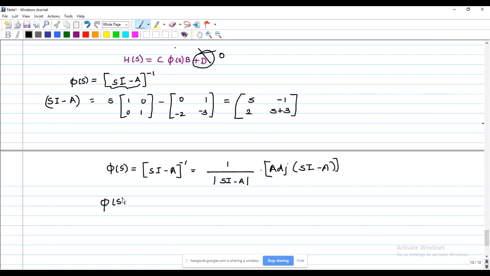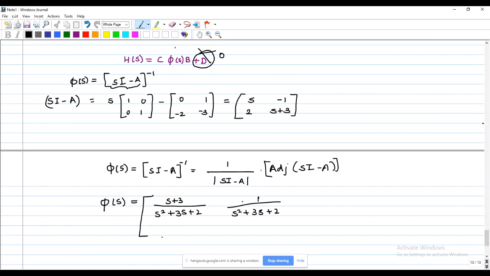When you calculate these terms, you get phi of S as, I'm not going to solve it, S plus 3 divided by S square plus 3S plus 2. Here we got 1 upon S square plus 3S plus 2.